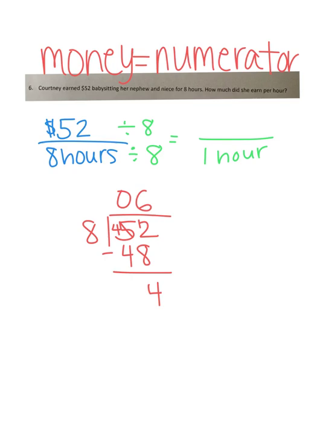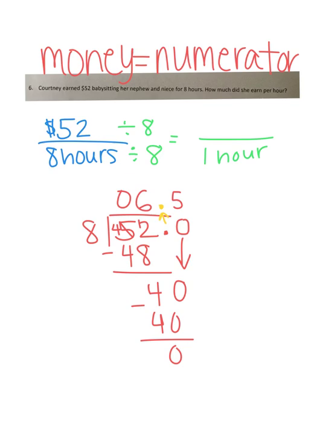Now, since this is money, we're dealing with decimals, so we're going to put a decimal here and add a 0 and bring that down. Don't forget to shoot your decimal through the roof, so a decimal is there as well. Now 8 goes into 40 5 times. 5 times 8 is perfectly 40.